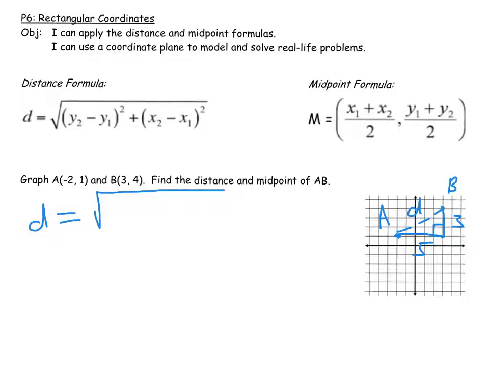If I take the difference in the y coordinates, it doesn't matter which point you say is 2 or 1, you just need to be consistent. I'll say that B is point number 2. So y2 minus y1 would be 4 minus 1.